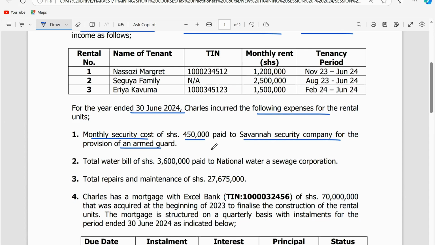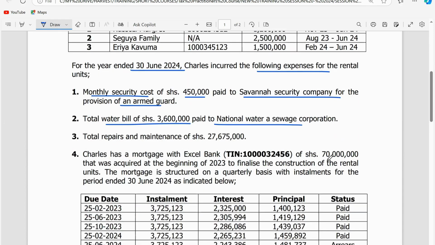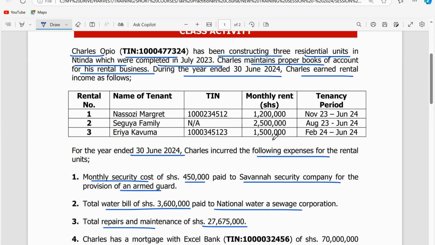Charles is also telling you that he has incurred a water bill of 3.6. He has receipts to National Water. He has also incurred repairs and maintenance costs to the tune of 27.6 million. He has those receipts because, as we said, he maintains proper books of account.